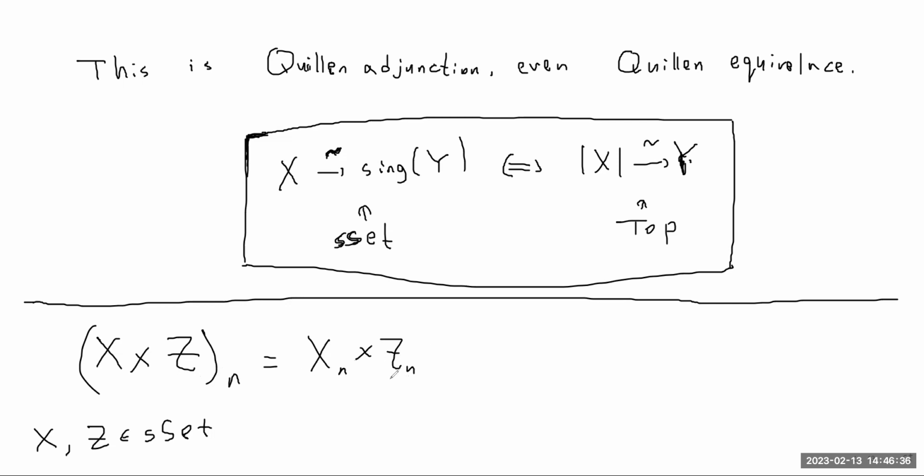The degeneracy makes the product easy, because I have a representative for everything in lower dimensions. This also makes limits and colimits easy in general: in simplicial sets, like in sets, limits and colimits are levelwise. It's so easy in simplicial sets, and this is one of the advantages of simplicial sets.